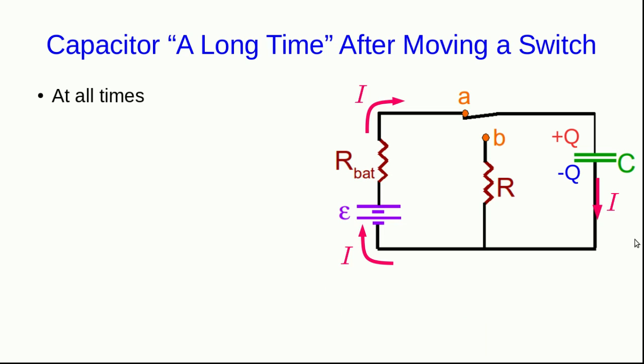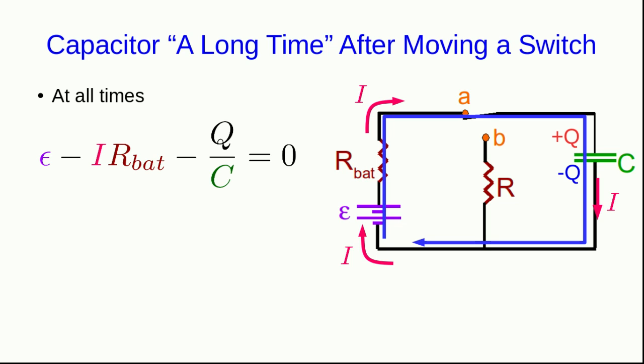Now let's think about a capacitor a long time after we've moved a switch. So suppose the switch is in position A. Something that's valid for all times is that we can do a loop law. And so here is the loop law around the loop that I've indicated. Now, if the capacitor is not yet fully charged, then Q is increasing.